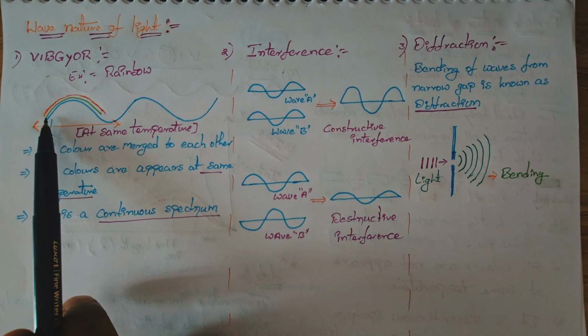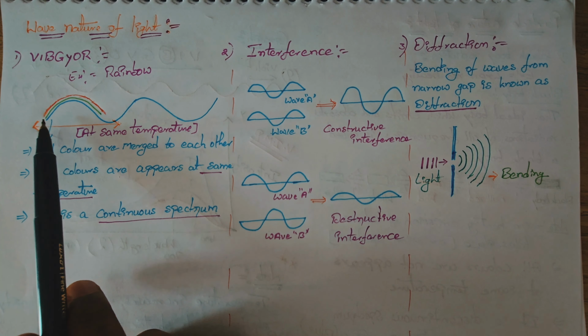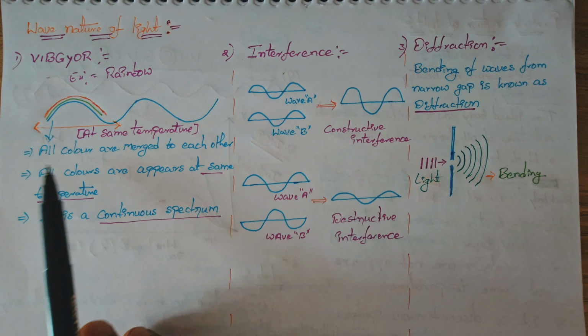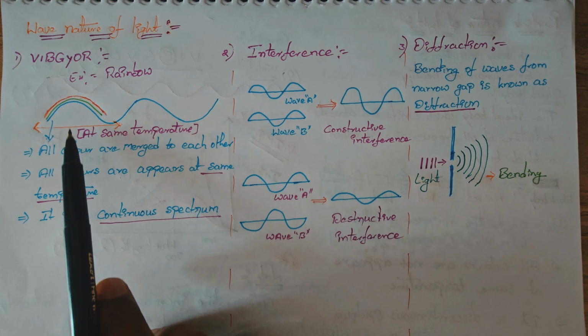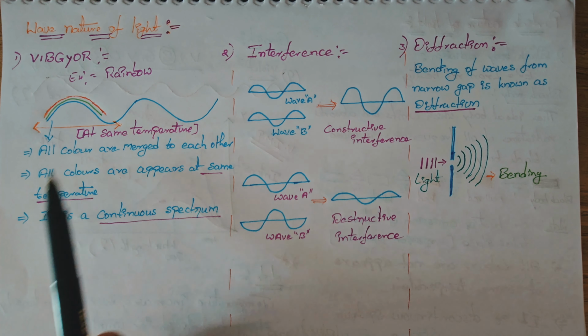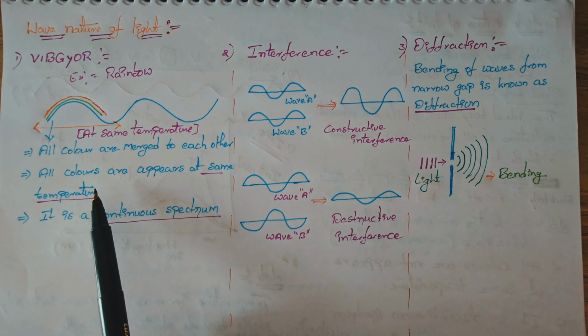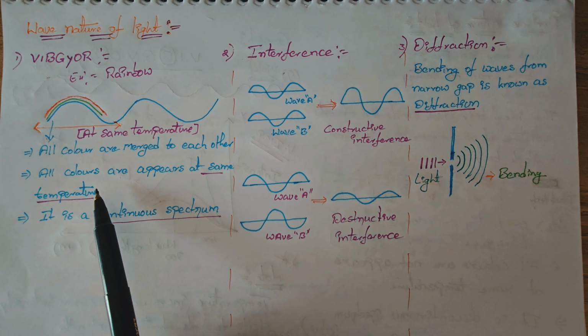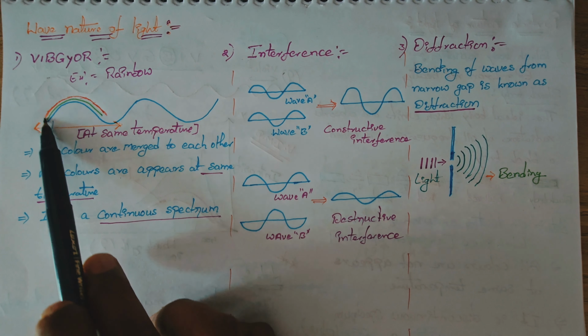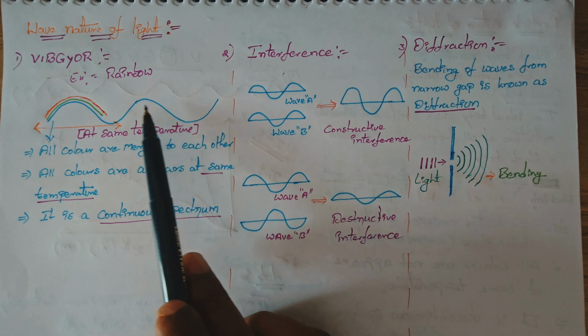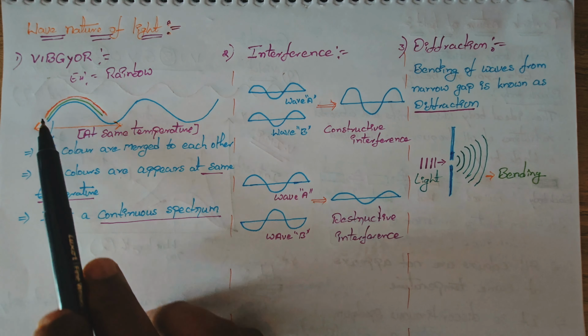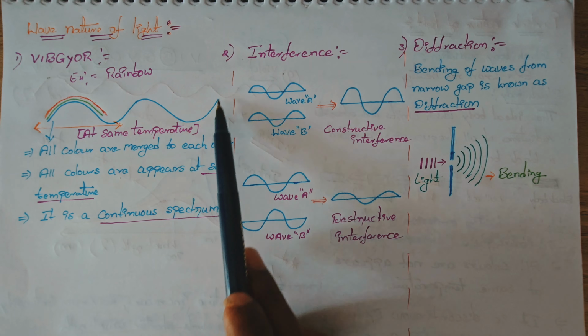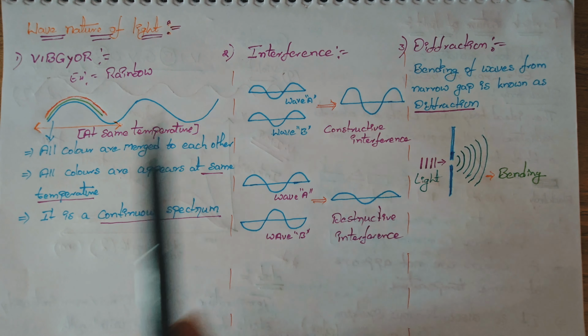All the 7 colors from Vibgyor exist and merge into each other at the same temperature. Yes, at the same temperature, that means room temperature. We observe the rainbow at room temperature now in the sky. Rainbow is a continuous wave.